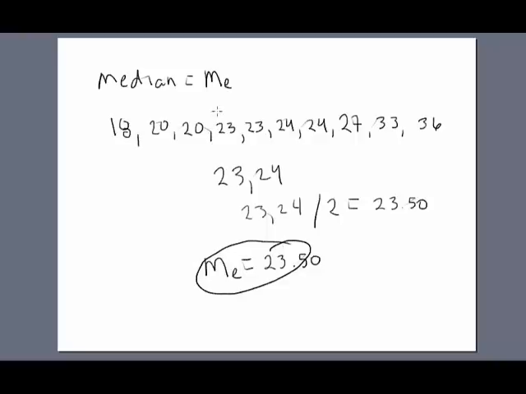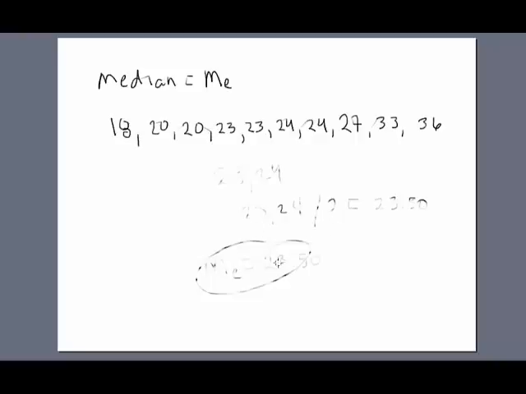Now, another thing that we can get from this data is we can also take a look at the mode. So another measure of central tendency is the mode, and let me erase this here. The mode is defined as the most frequently occurring score.